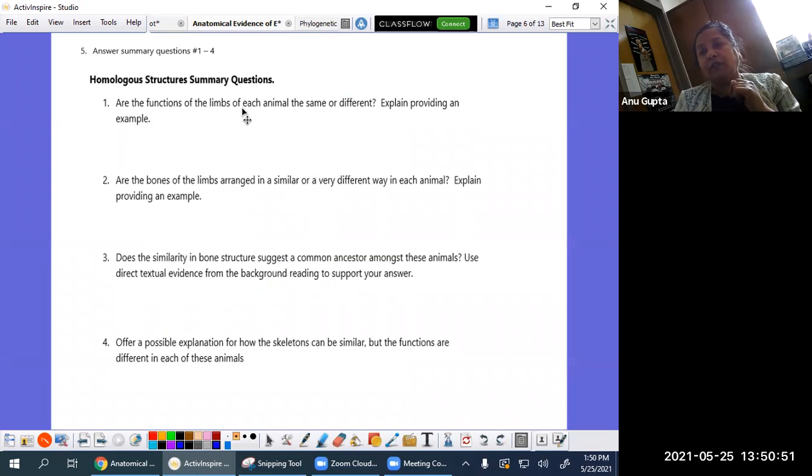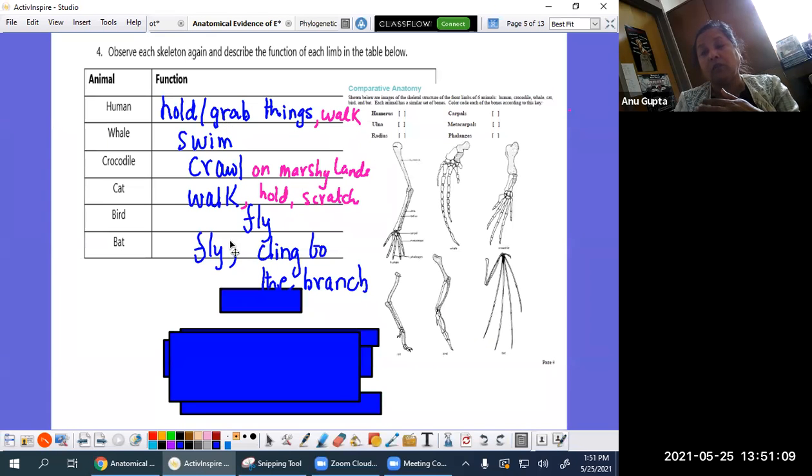Are the functions of the limbs of each animal the same or different? Explain, providing an example. You're looking at the function of the limbs of each animal. Is the function that you just colored the same or different? You just answer these questions. The functions you saw are different.